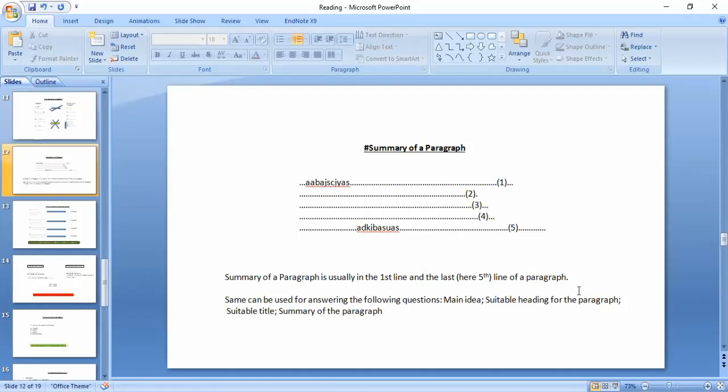Now, another question type would be summary of a paragraph. Summary of a paragraph is usually in the first line and the last, here fifth line of a paragraph. Same can be used for answering the following questions like main idea, suitable heading for the paragraph, suitable title for the paragraph, a summary of the paragraph.